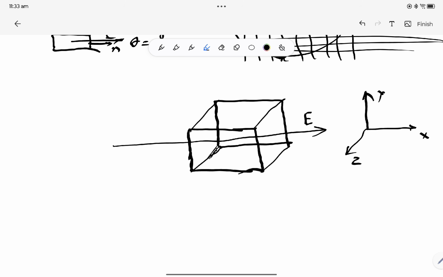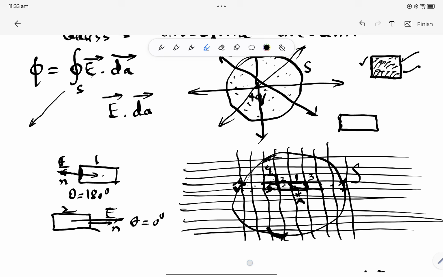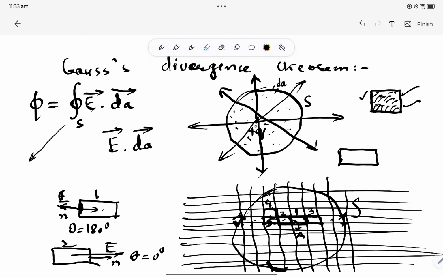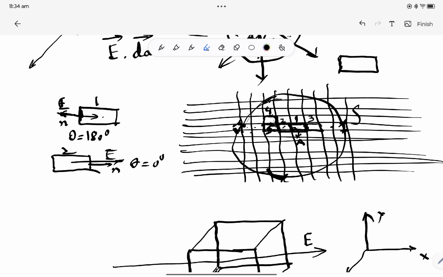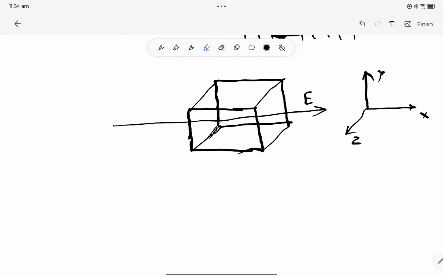And one more thing: suppose the origin is here, and the cube that I'm speaking about has this corner nearest to the origin.